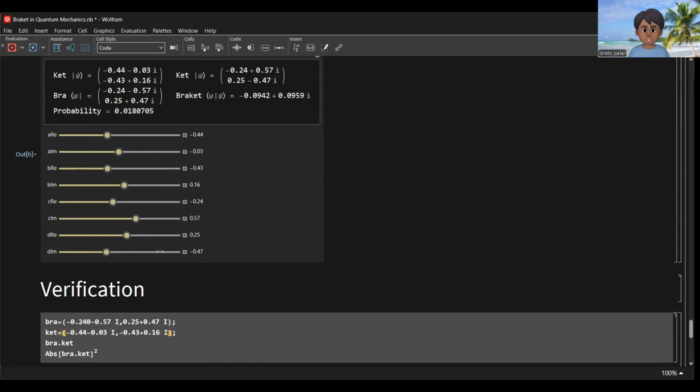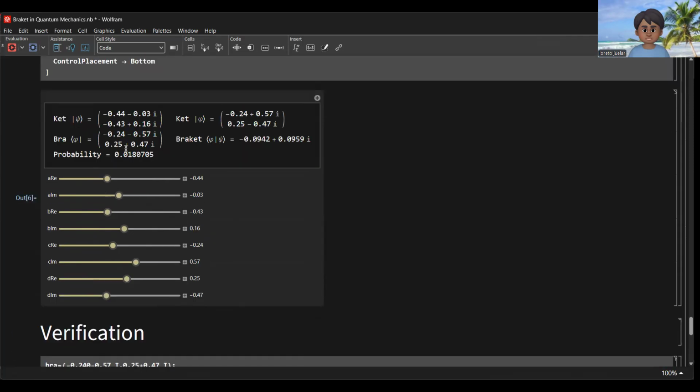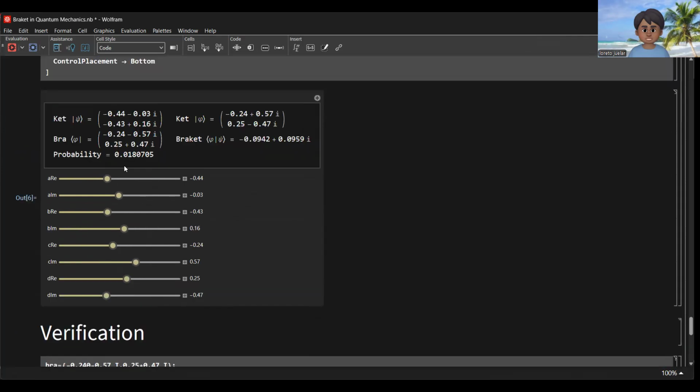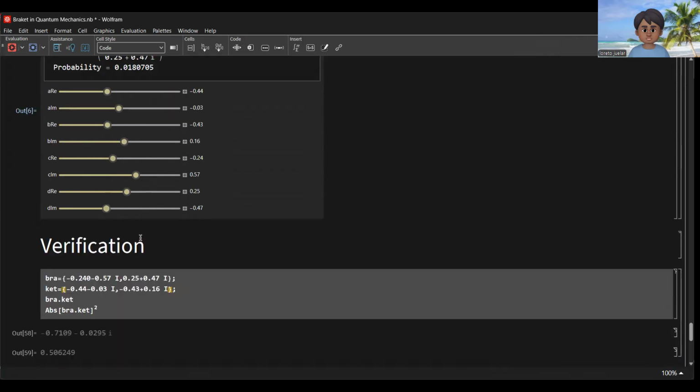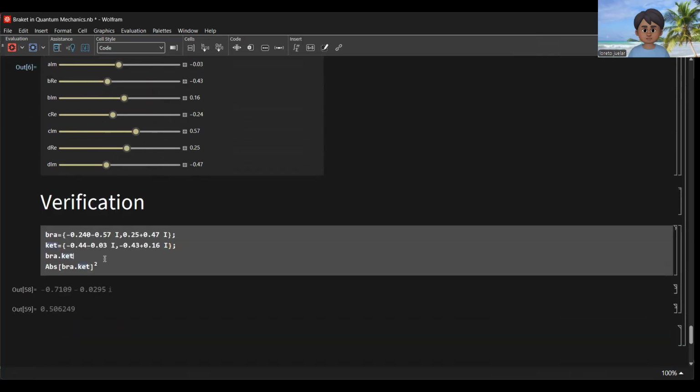And for our bra here, negative 0.24 and negative 0.57i, and we also have 0.25 and 0.47i. So what is our bracket here?